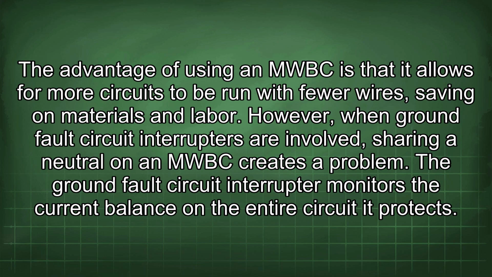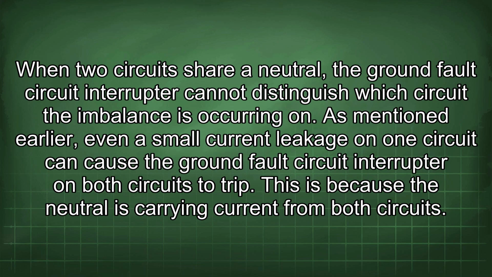The ground fault circuit interrupter monitors the current balance on the entire circuit it protects. When two circuits share a neutral, the ground fault circuit interrupter cannot distinguish which circuit the imbalance is occurring on. As mentioned earlier, even a small current leakage on one circuit can cause the ground fault circuit interrupter on both circuits to trip.